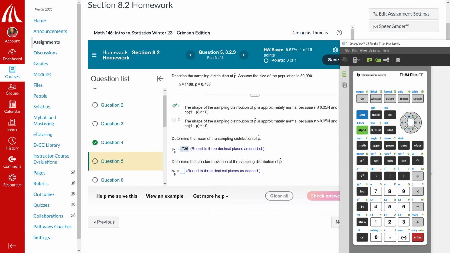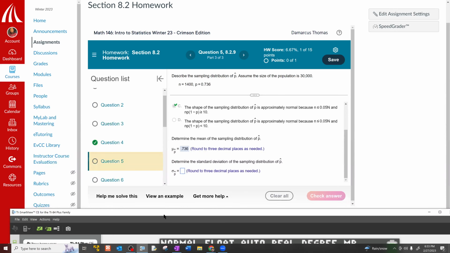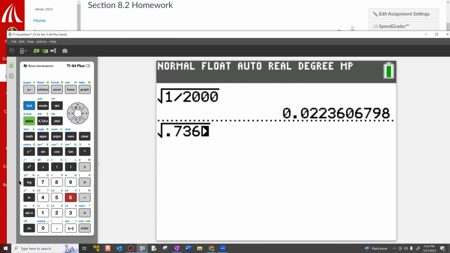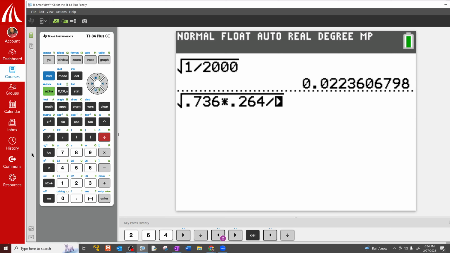So this would be the square root of 0.736 times 0.264, and then we're dividing all that by 1,400.